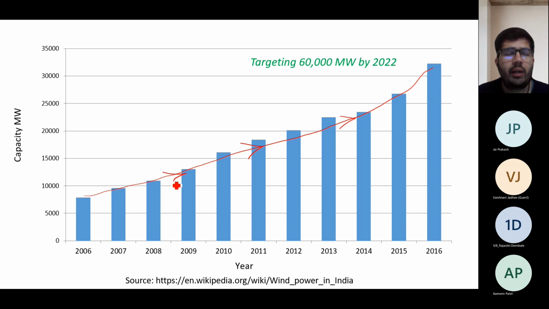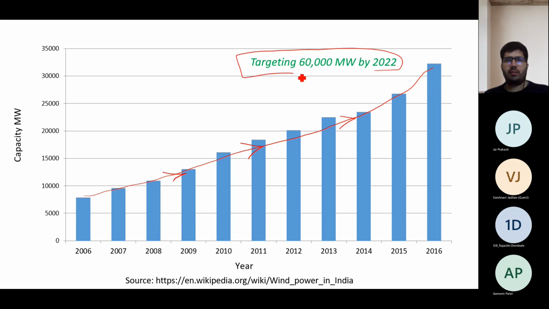Every year we are trying to add more capacity towards wind power, and we had a target of 60 gigawatt by 2022. We need to check the data; I think this target has been achieved, and we need to look into it. This trend shows that our wind capacity is increasing every year.